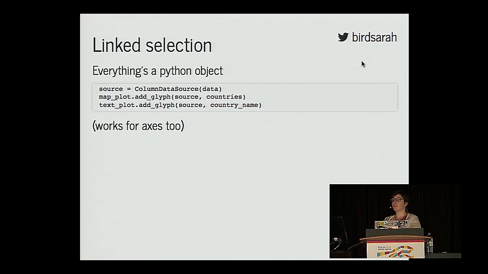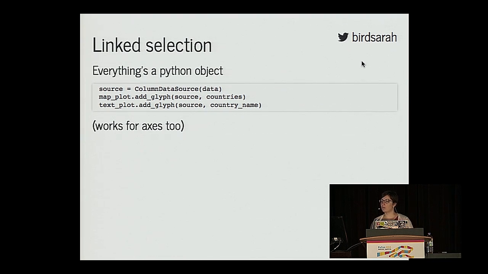Okay, so this is when things start to get even more awesome. Everything we're working with is a Python object. So we can start sharing Python objects between different things. And so you may remember on the original visualization, there was some stuff on the right that was responding to when we clicked on the map.